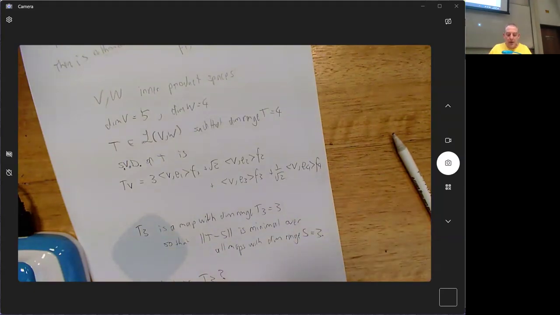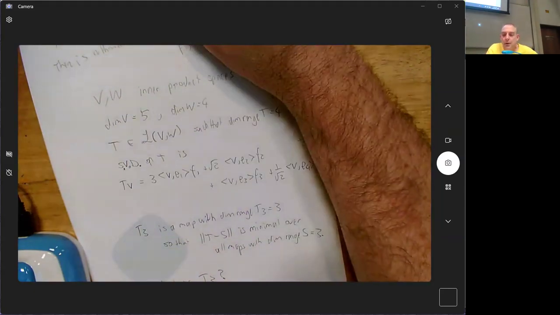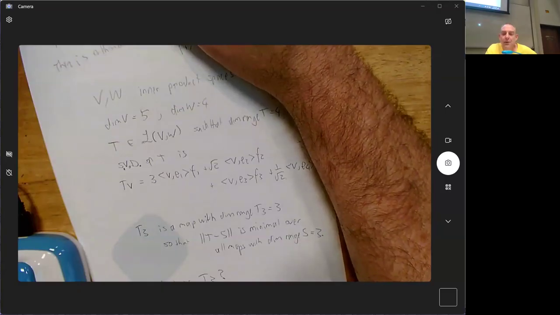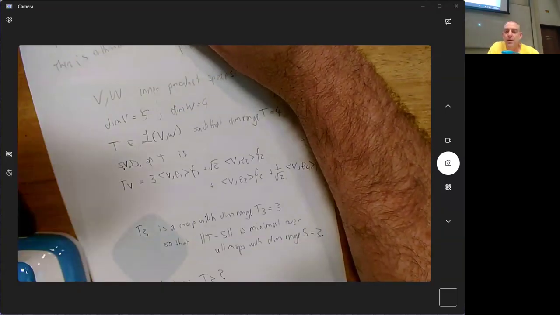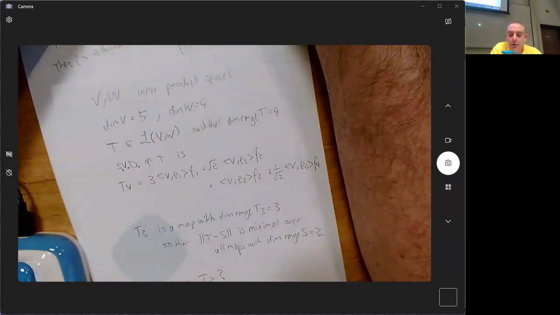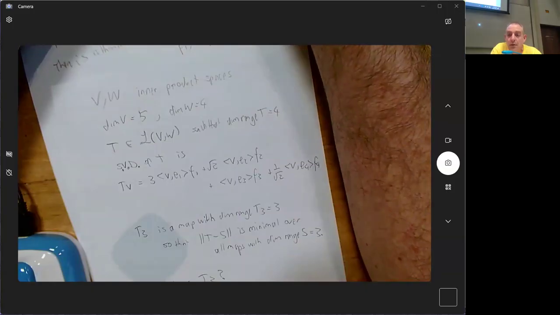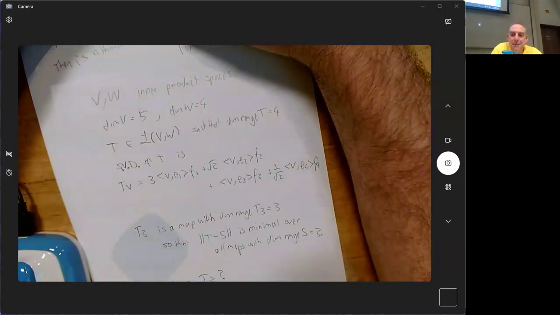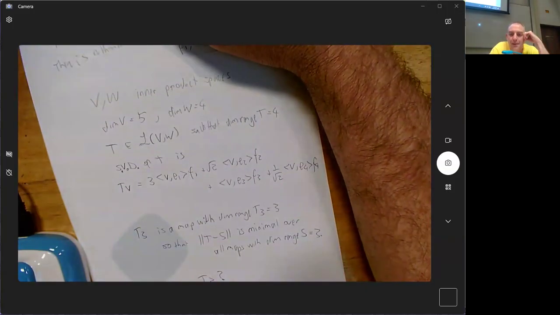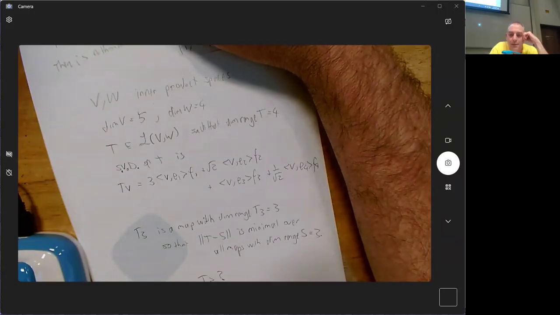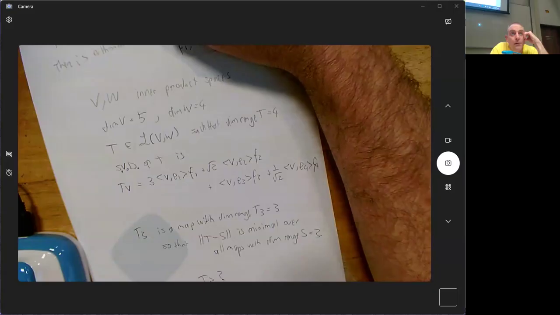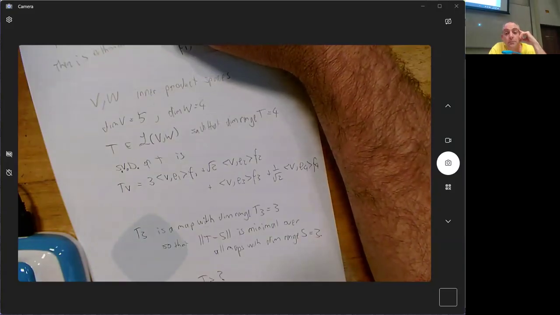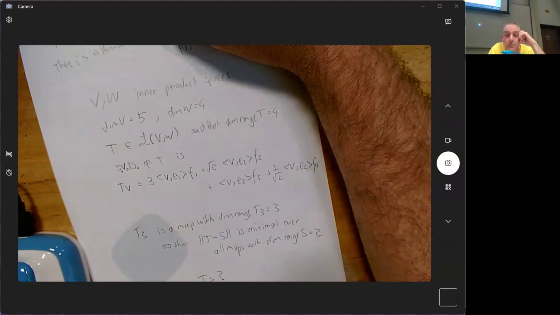Right. Okay. Cool. I really, really wanted to know what the norm of a matrix is. There's some rule about the norm of something.